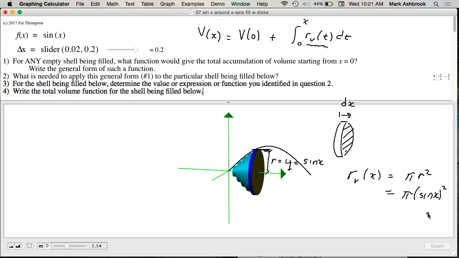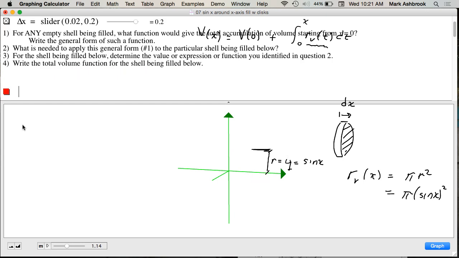So now we're ready to write this. Ready? I'll fill it in here. It's going to be v of x. So here's how you put it in the GC. So v, control 9 for a function, remember?